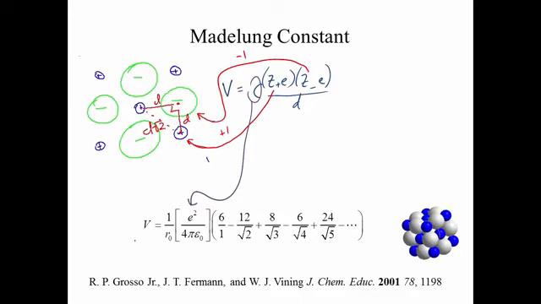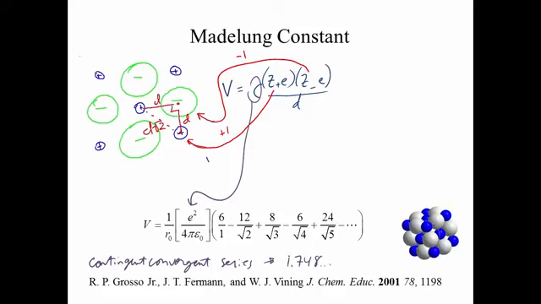So we have a conditionally convergent series, and the conditions make chemical sense, physical sense, and so we end up with a value that it converges to, 1.748 in this particular case.